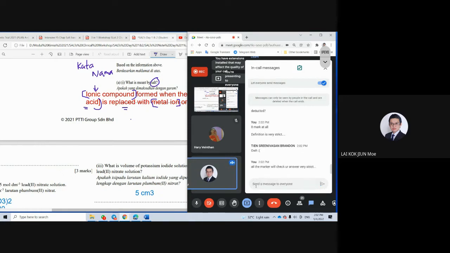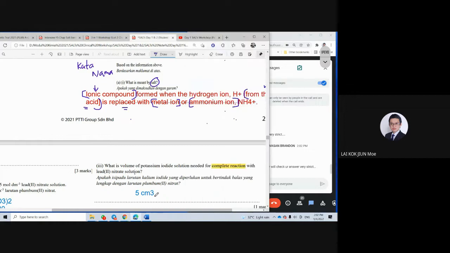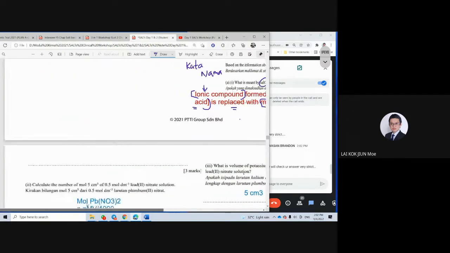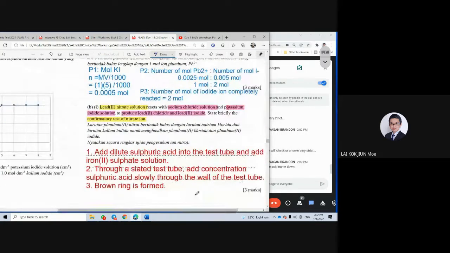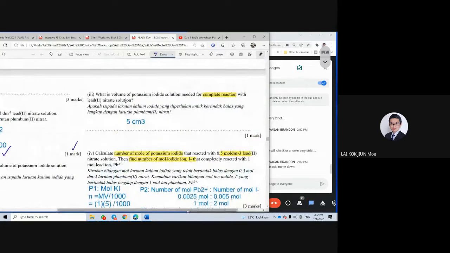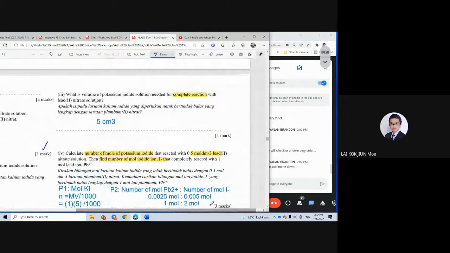Because this is a bonus mark, this 1 mark is actually 3 marks already, because if you memorize, you can score, no problem. This is considered an easy question, easy level, only memorizing.